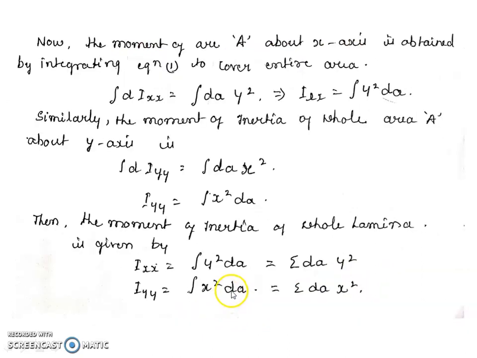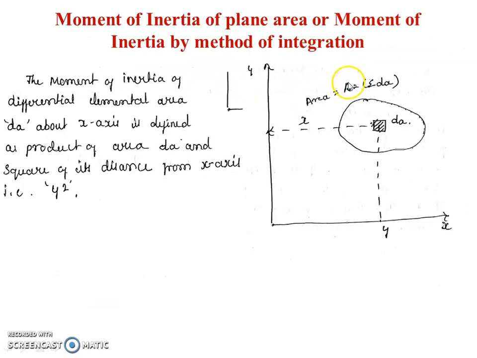Now, if I want the moment of inertia of area A about the x-axis, it is obtained by integrating equation 1 to cover the entire area. This elemental area, I found the moment of inertia with respect to the x-axis. If I want the whole area, then I have to integrate, because this whole area consists of a number of small elemental areas dA.